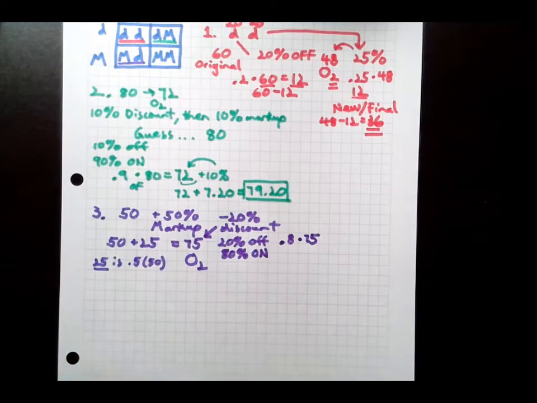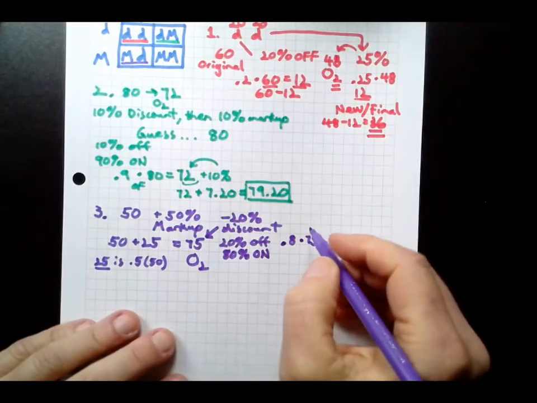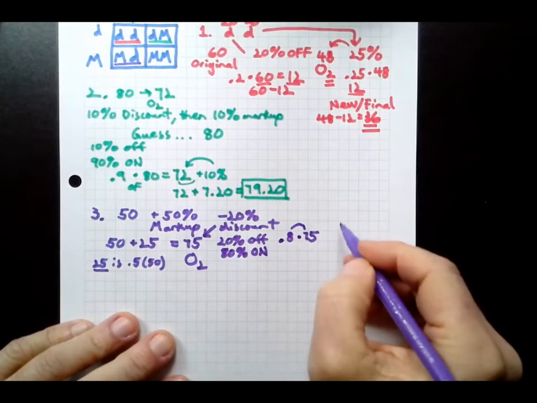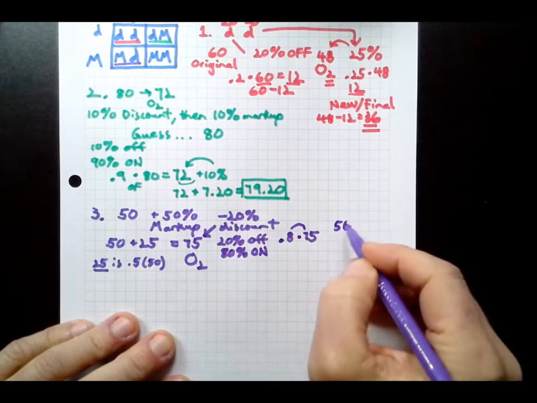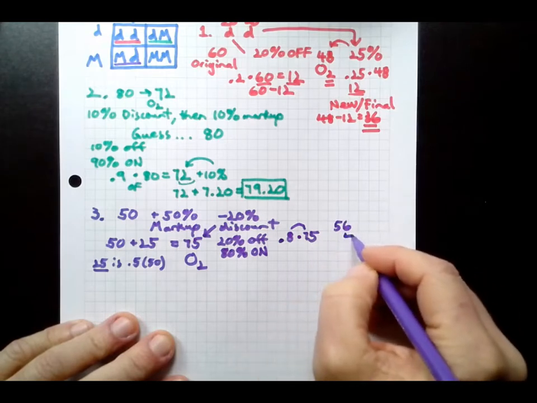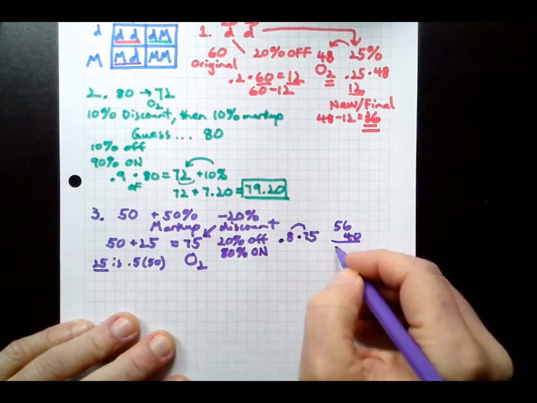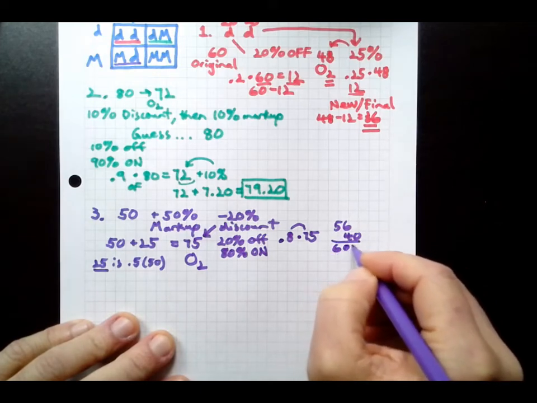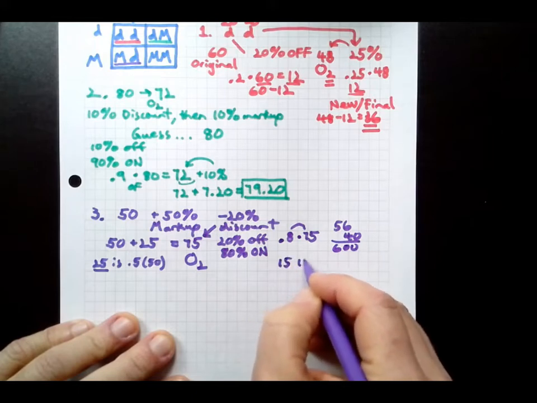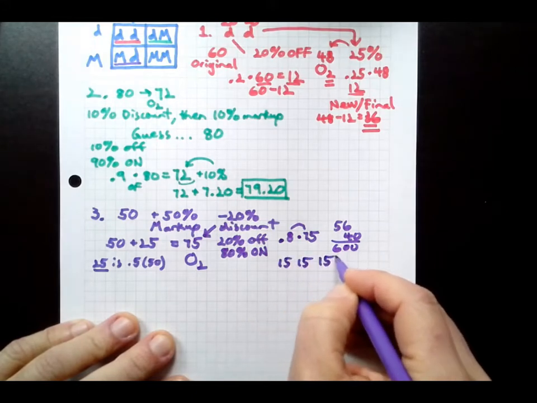Oh no, where is my calculator? I might have to do this the hard way. Okay, 8 times 7 is 56. 8 times 5 is 40. Oh, that's easy. 15.